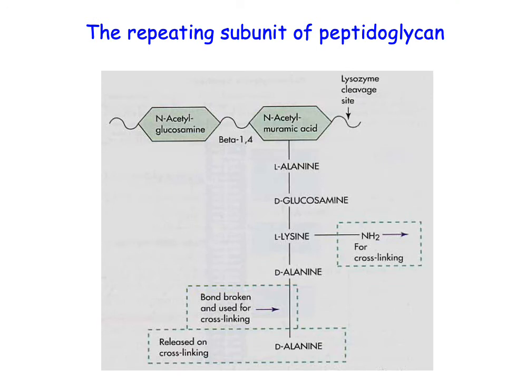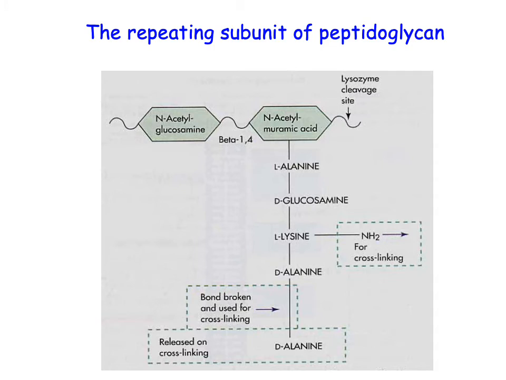Okay, this is the repeating unit of peptidoglycan. There are two carbohydrate residues attached together, N-acetylglucosamine and N-acetylmuramic acid, a lot of times called NAM.